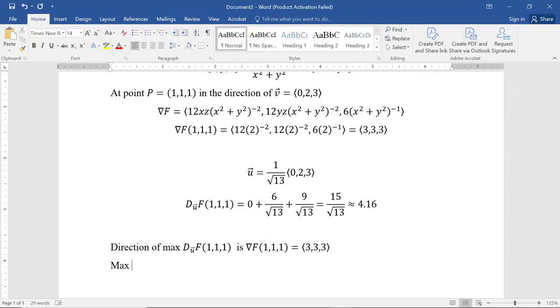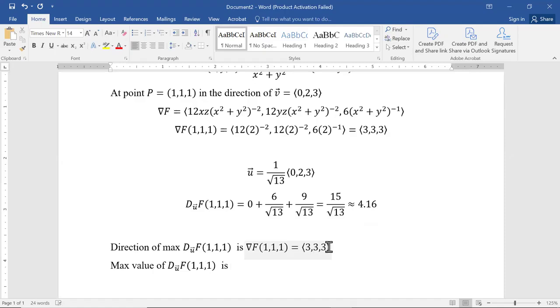And the max value of the directional derivative at that point is going to be the magnitude of this vector. So we get 3 squared plus 3 squared plus 3 squared, all underneath the square root.